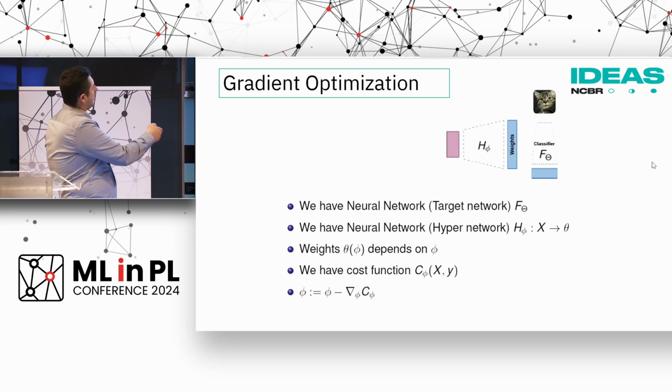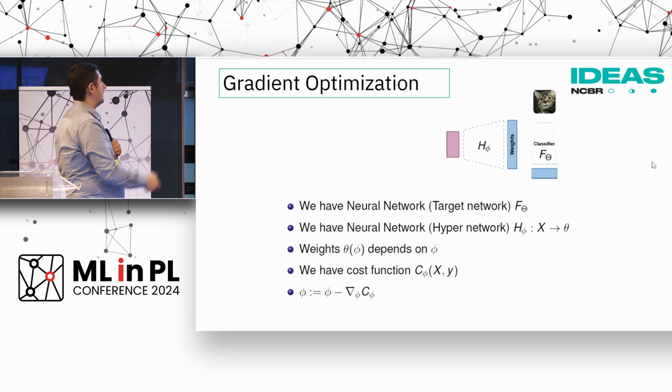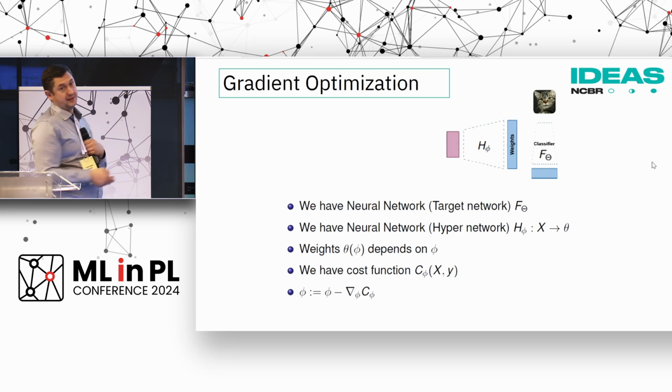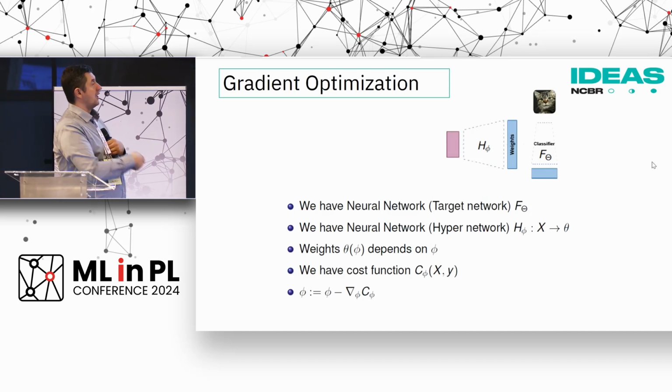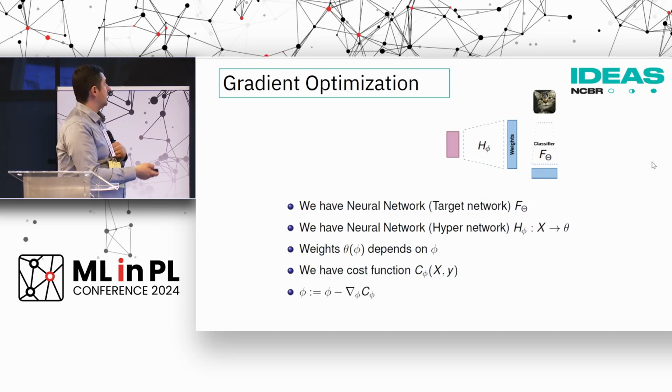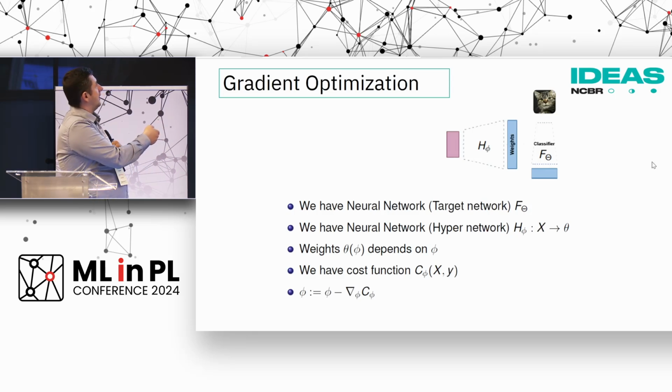The hypernetwork weights are trained classically by SGD or some modification. And the parameters of the target network are directly produced by the hypernetwork. It is quite similar to classical optimization. But when we optimize something by gradient descent, we change the weights of the network only in small steps.